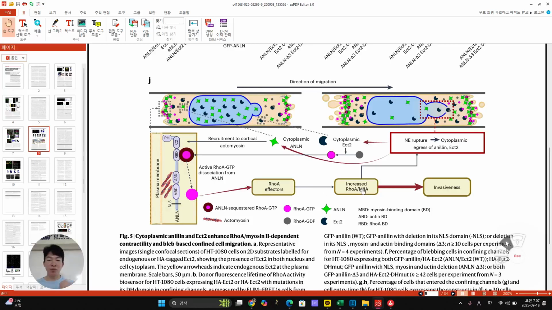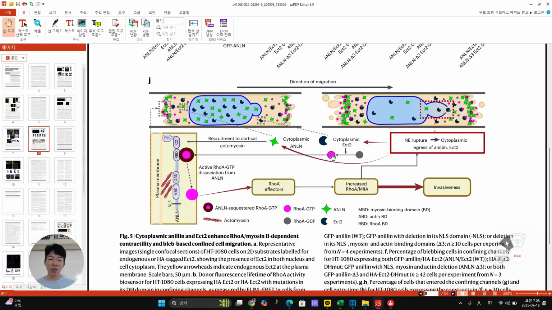For doing that, how do cells carry out their biological mechanism? First, they have to convert RhoA GDP to GTP. GDP is double phosphorylated, GTP is triple phosphorylated. So they have to phosphorylate again, like ADP to ATP.